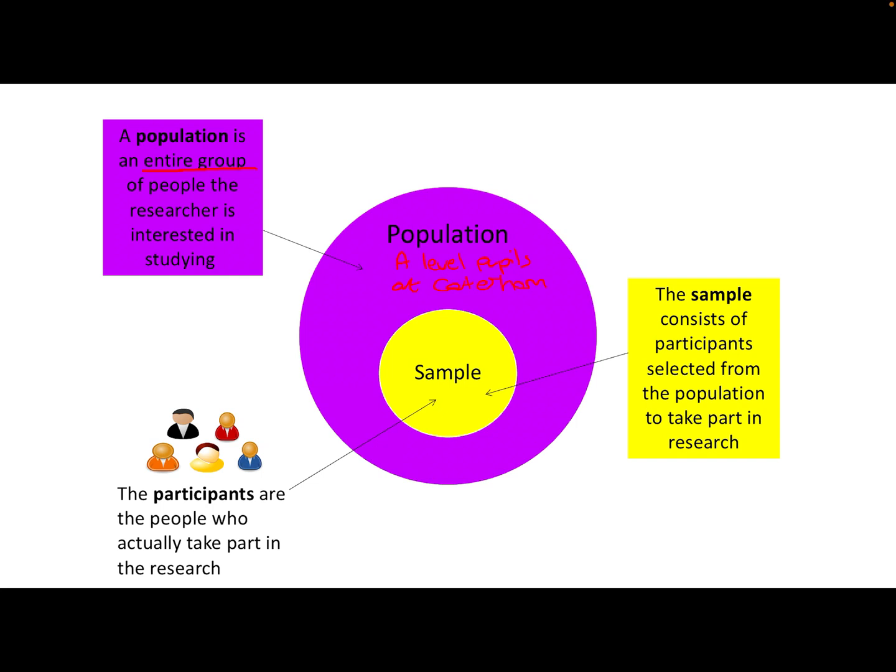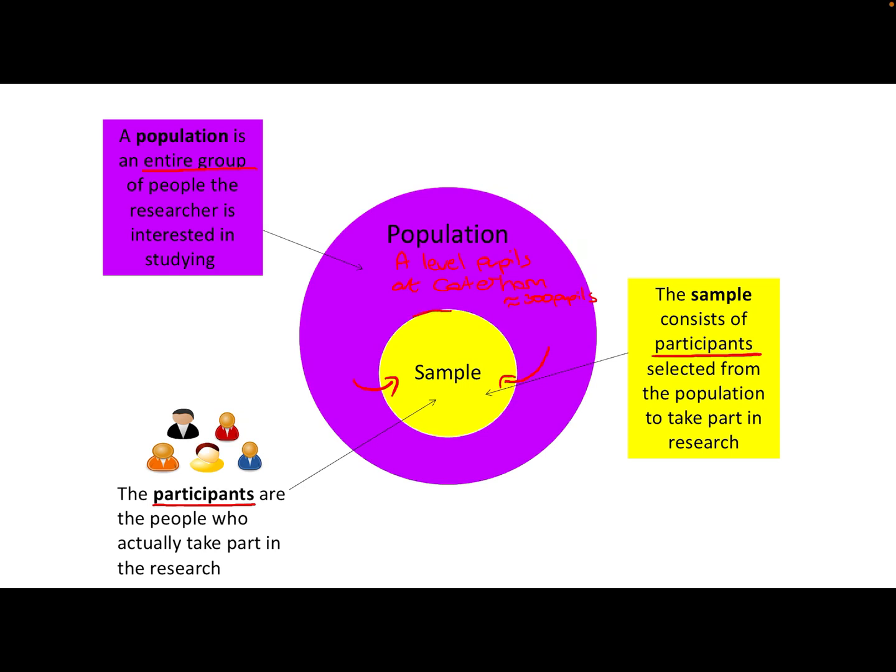We're talking about approximately 300 pupils or so. And for our time constraints and our money constraints, we just can't assess all 300 pupils. So we're going to have to create a sample. Our sample consists of the participants who have been selected from our population and are participating in our research. The people who are participating in our research are known as our participants.